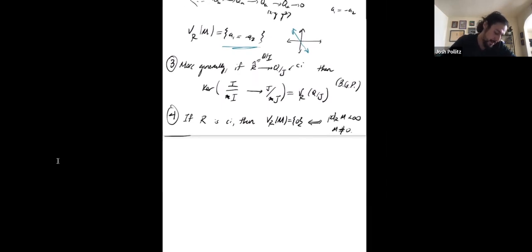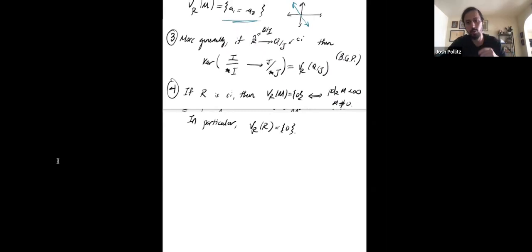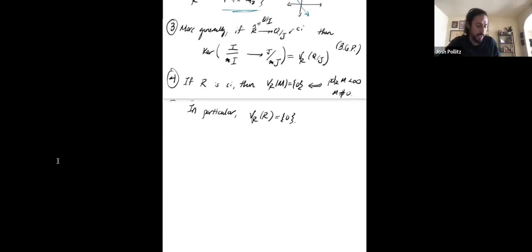I guess by my conventions, maybe it's non-zero. What I want to pull away from this is that if you look at VR of R, that's always just 0, just the origin.